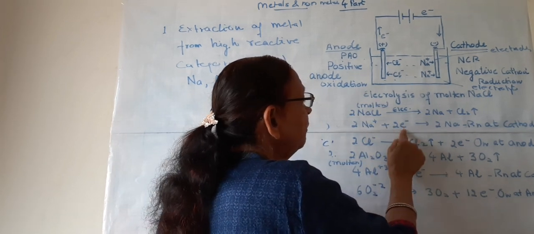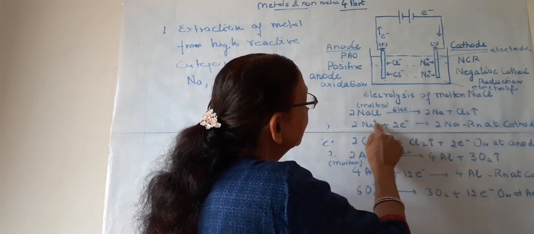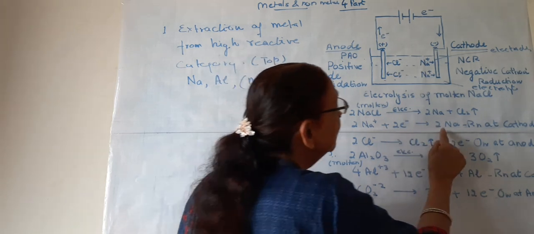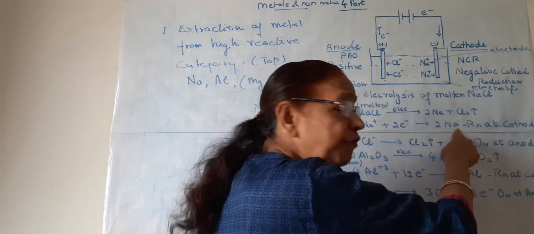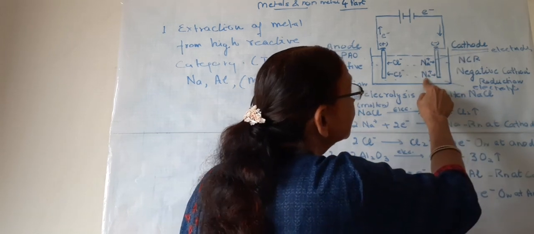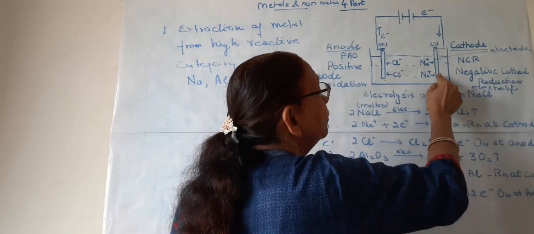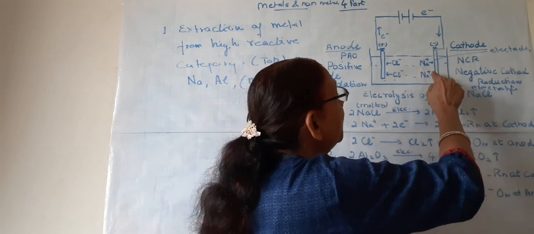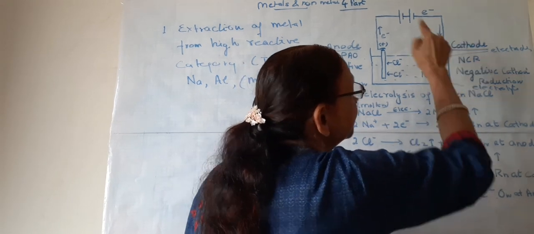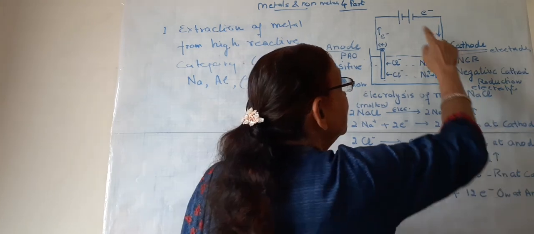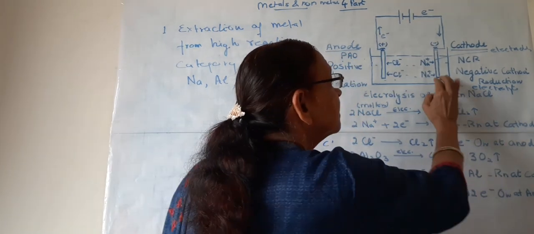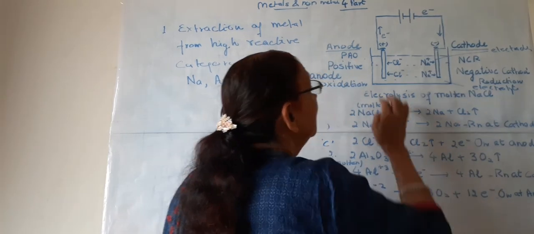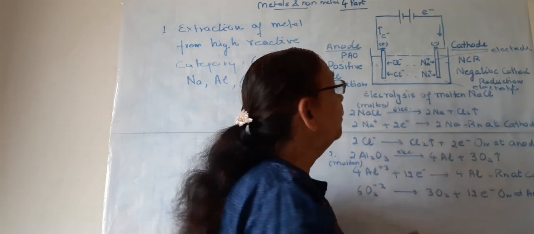So 1 Na+ will absorb 1 electron. These charges are neutralized, and now Na metal or sodium metal is formed. So on this cathode, sodium metal is formed when positive charge is neutralized by the electrons which are coming from the negative side of the battery. This is the story on cathode. Now what is happening on anode?